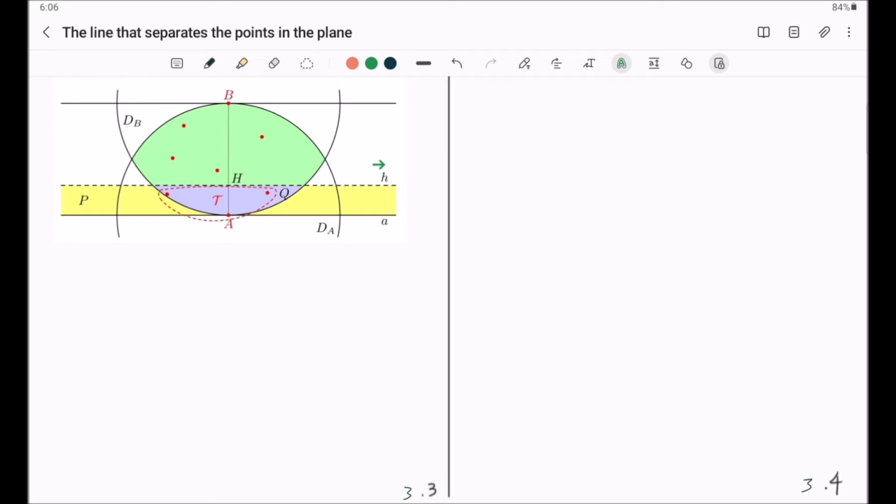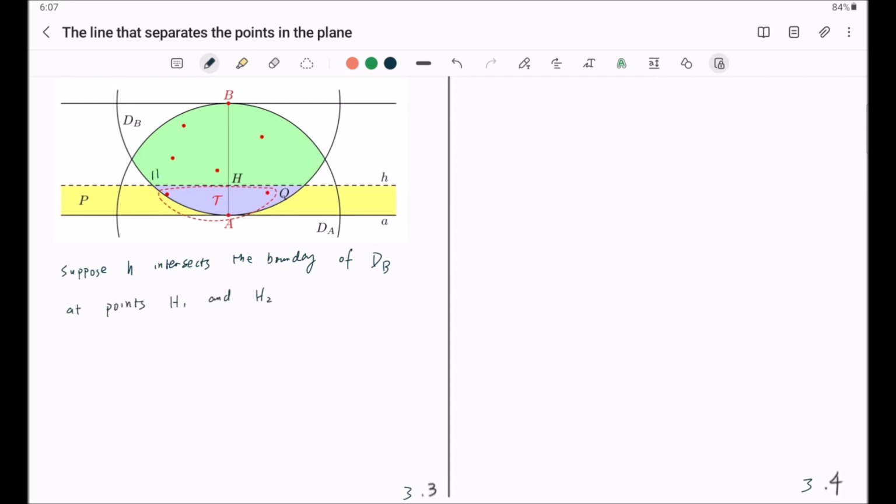Let us look at the intersection of ℓ_H with this circle, the boundary of B. Suppose ℓ_H intersects the boundary of B at points H1 and H2.